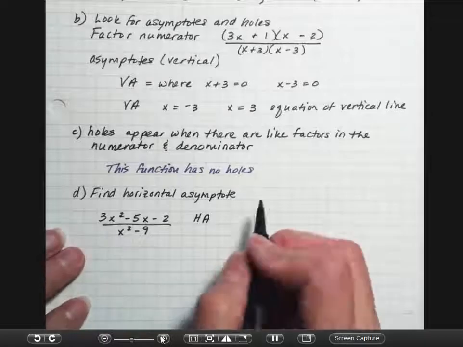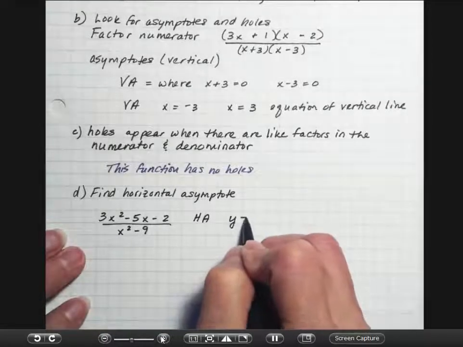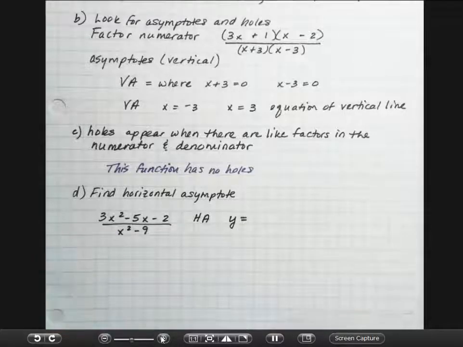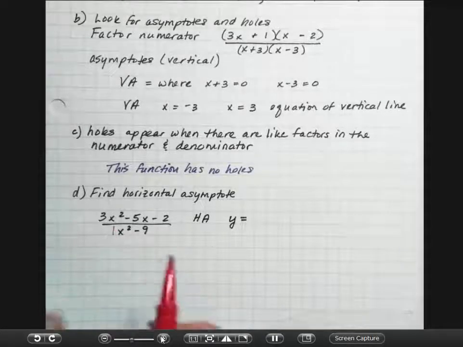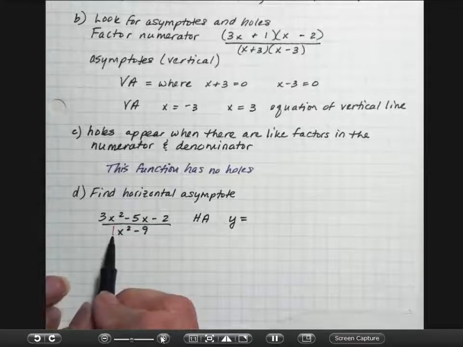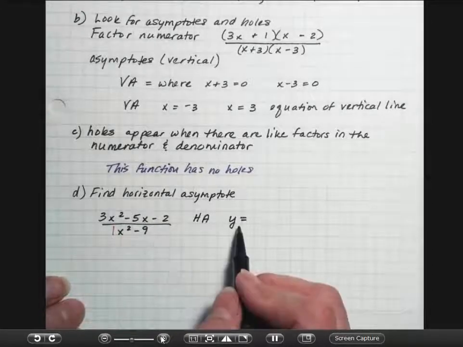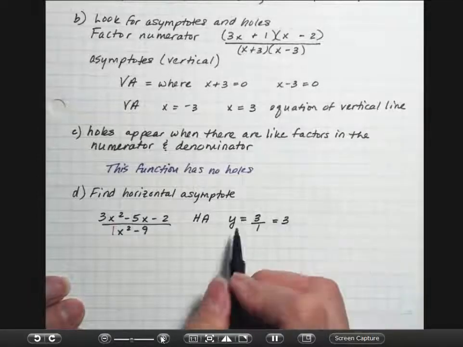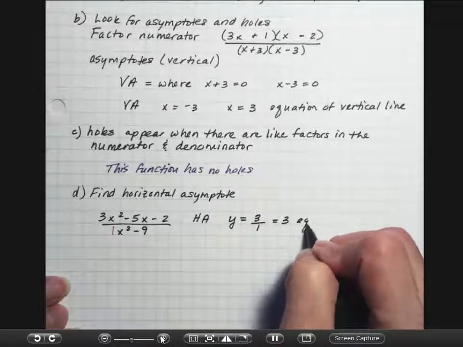So my horizontal asymptote is going to be in the form of a horizontal line, y equals, and then I have 3 in the numerator, and remember, I have a 1 in front of my variable in the denominator. So my horizontal asymptote is going to be 3 divided by 1, which is 3. And again, this has got to be in the equation of a horizontal line.